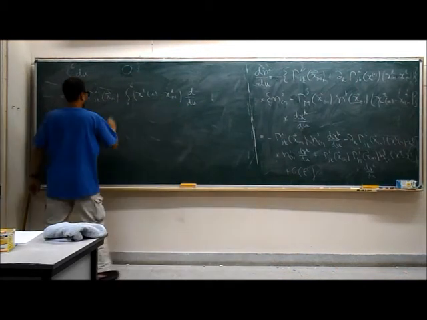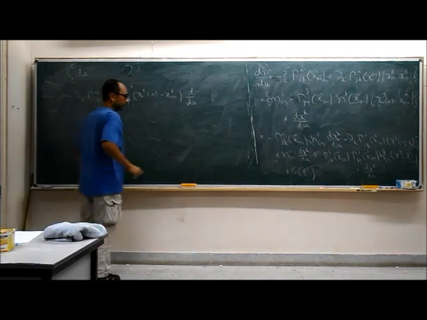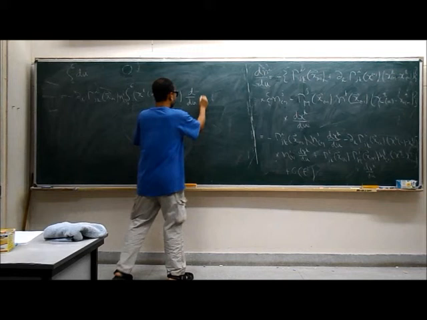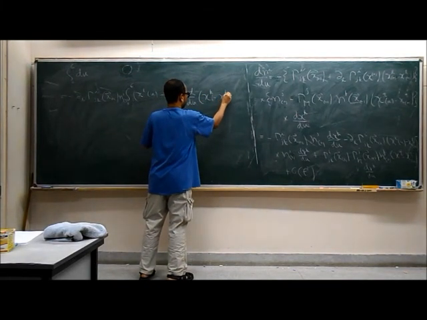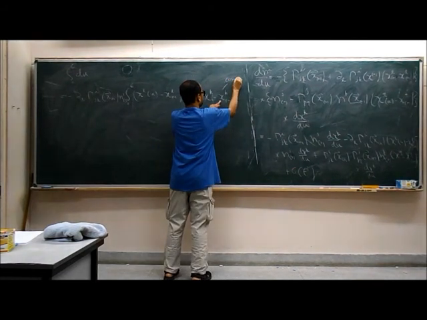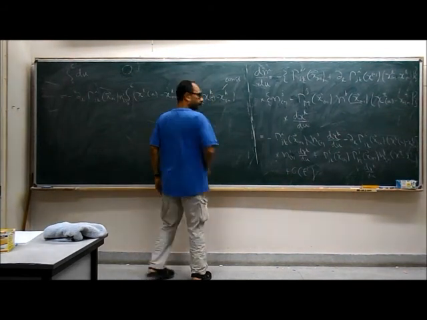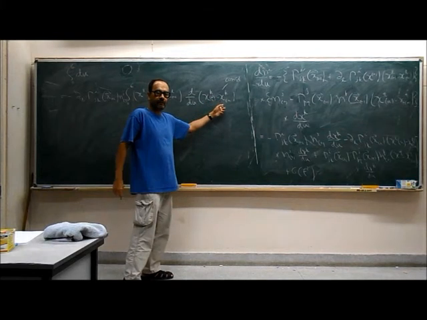So n j naught I can keep outside. Let's put n j naught here. This n j naught I am taking now, d du of x k, but let me write it as x k minus x k naught. Well, this is just a constant anyway. Because d du of x k I can always write in this form.